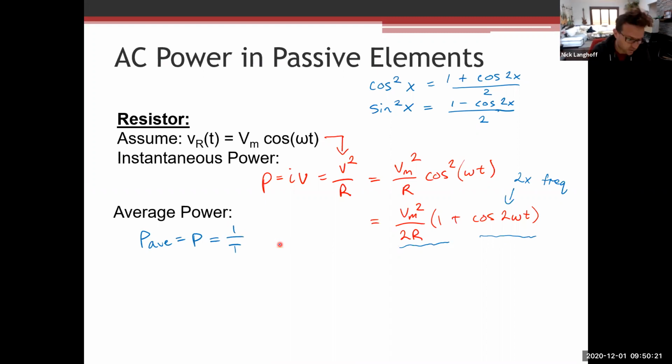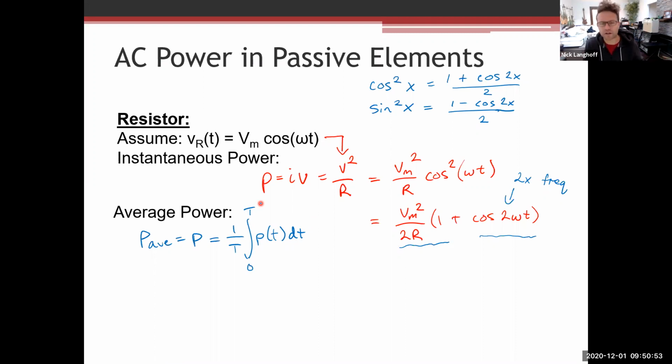The average of any signal is the integral over one period of the signal. So we integrate from 0 up to capital T, across one period of the signal, and then divide by T. That's the average of that signal.